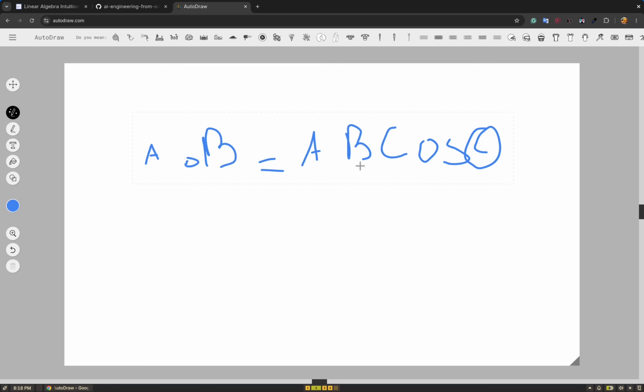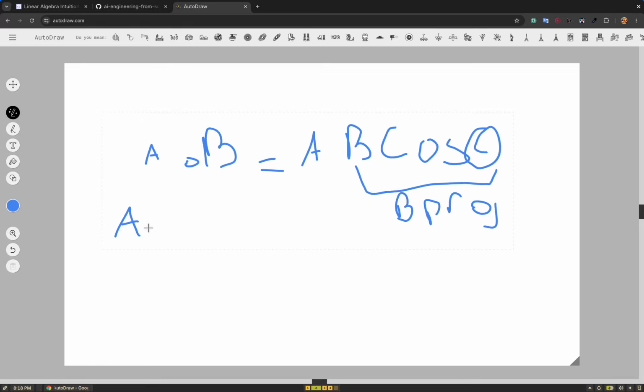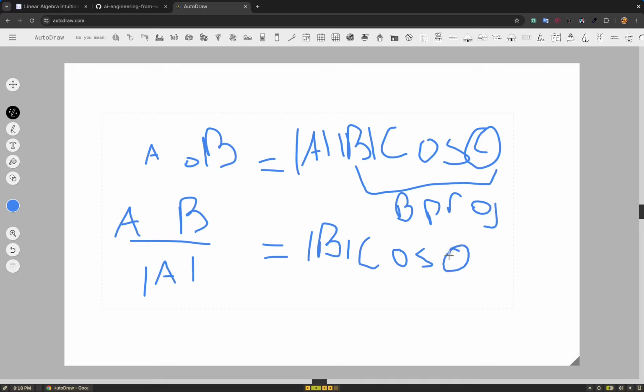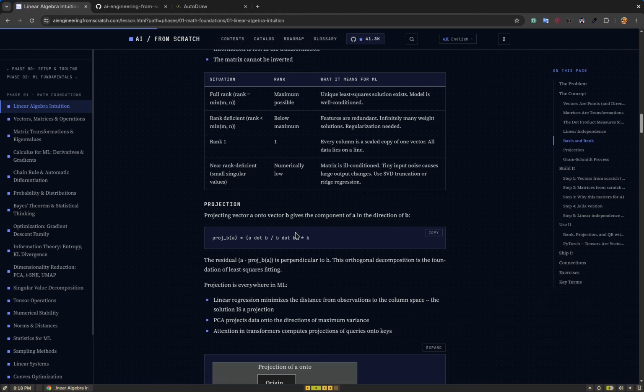So I know that this right here is the projection of B. If I rearrange this, I can find the projection of B on A. If I divide by A, this represents the magnitude. So this is going to be the projection of B, meaning how big is the shadow of B?